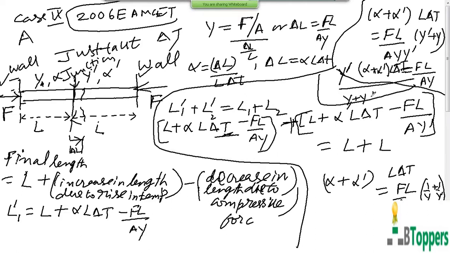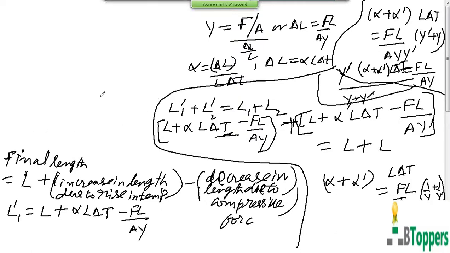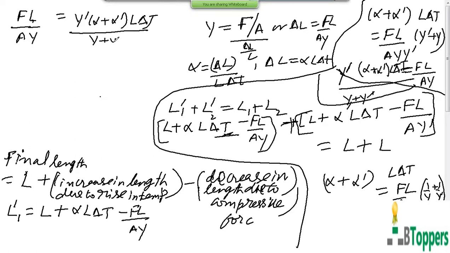We'll substitute here. So from this last equation, I'm writing the same equation again: FL by AY can be written as Y dash into alpha plus alpha dash into L into delta T by Y plus Y dash.